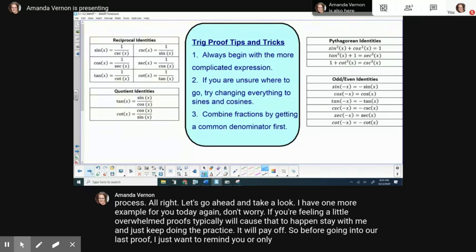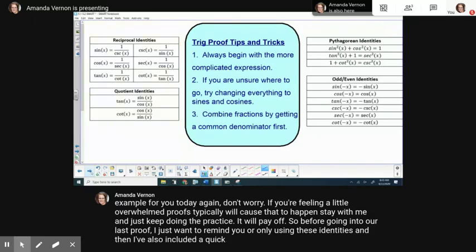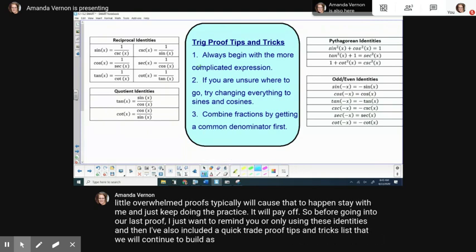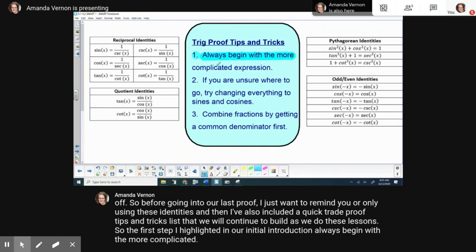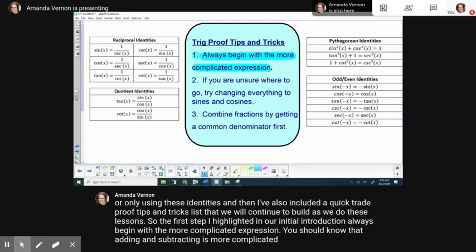Before going into our last proof, I just want to remind you, we're only using these identities. And then I've also included a quick trig proof tips and tricks list that we will continue to build as we do these lessons. The first step I highlighted in our initial introduction: always begin with the more complicated expression. You should know that adding and subtracting is more complicated than multiplying. So be mindful of that.